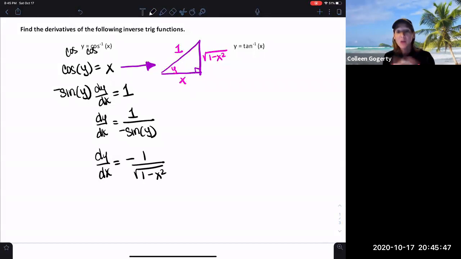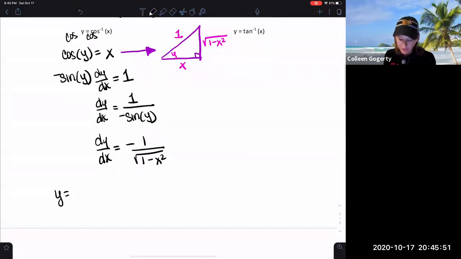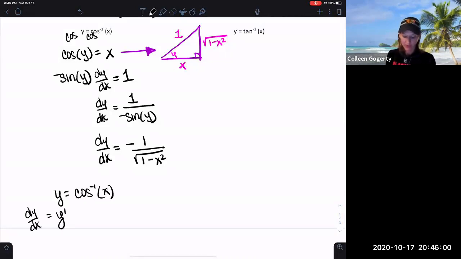Okay, so what does that mean? Well, if y is cosine inverse of x, that's what I just started with, then y prime, or dy dx, whatever you want to call it, they all mean the same thing, is negative 1 over the square root of 1 minus x squared.